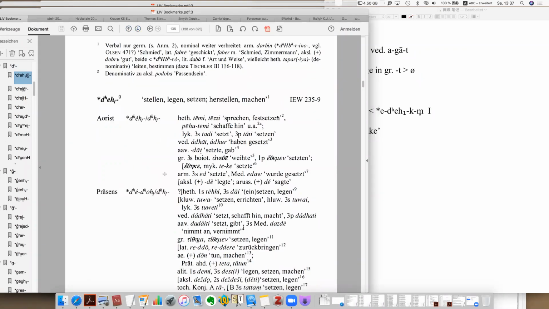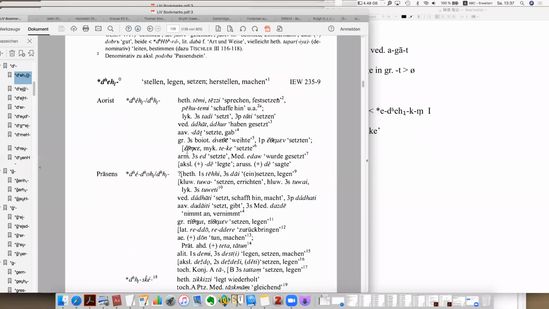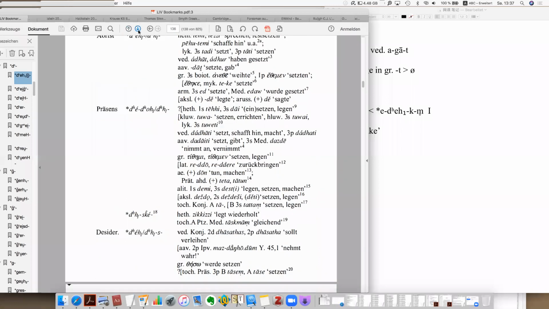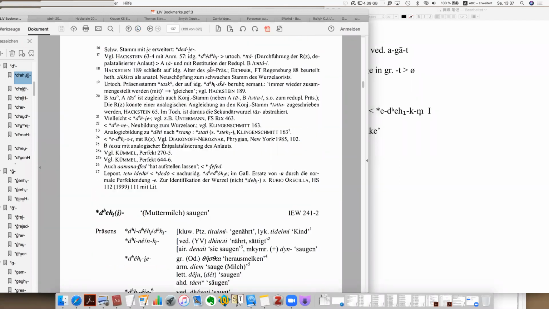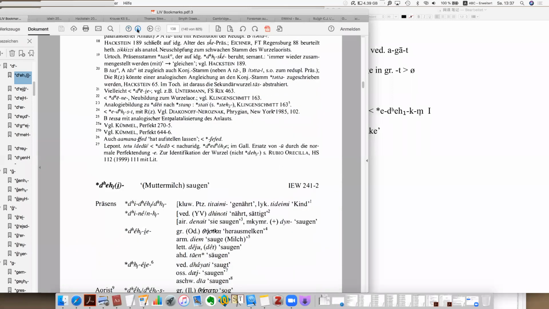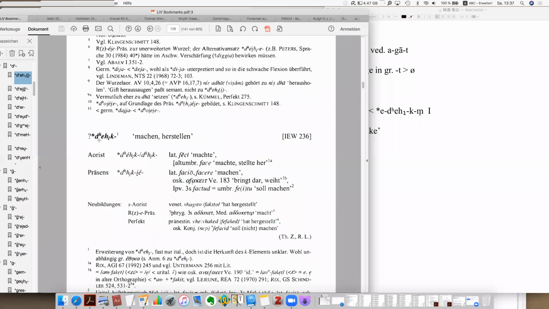So this root means deich, and this deich actually has a variant. Check this. So there's a variant.